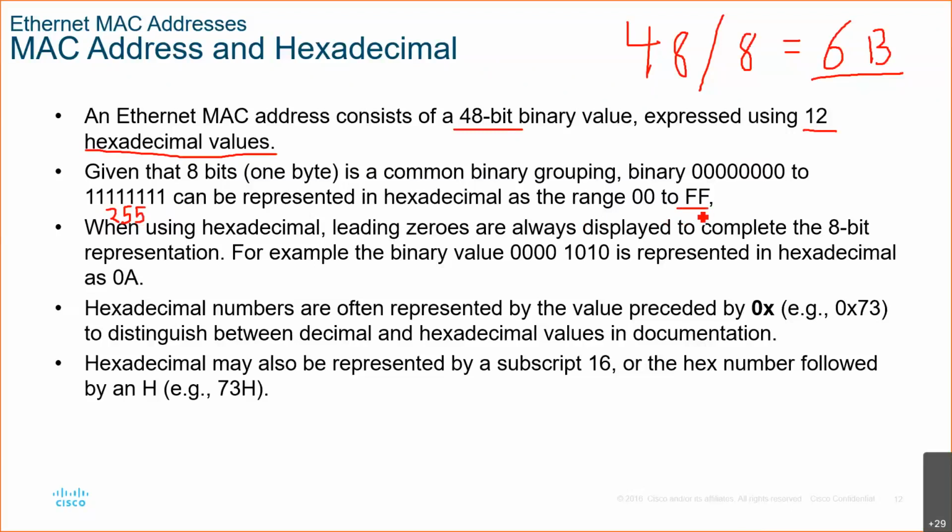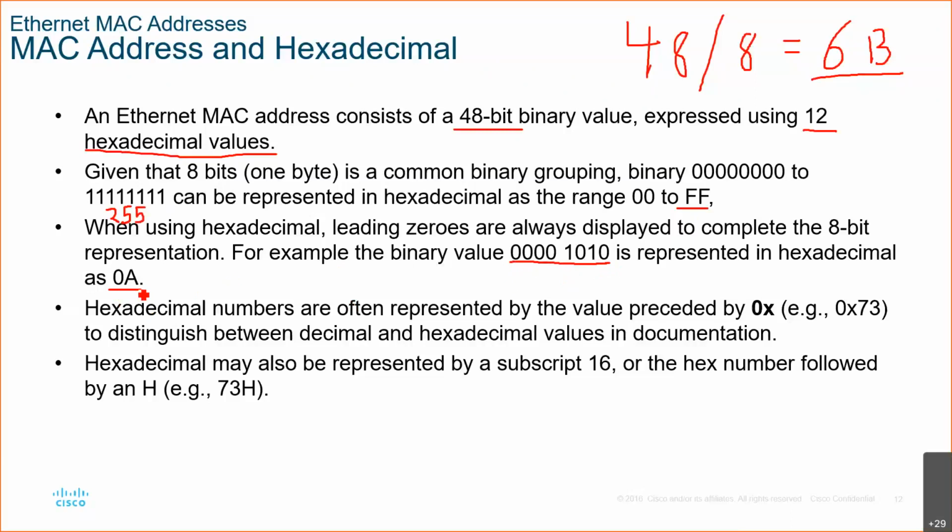So how do you represent the binary 00001010? You break it into 2 halves as we studied. This one is 0, and 1010 is A. So the correct representation of this binary value in hexadecimal is 0A.